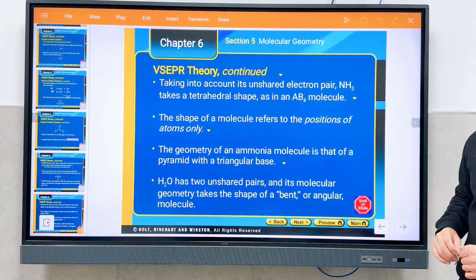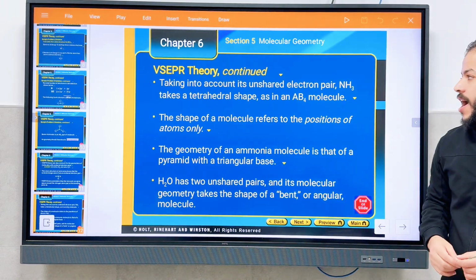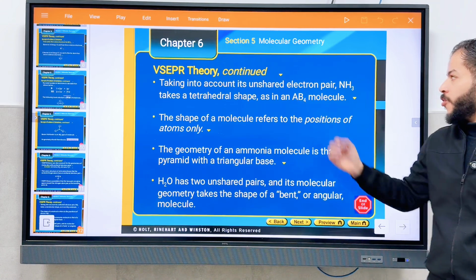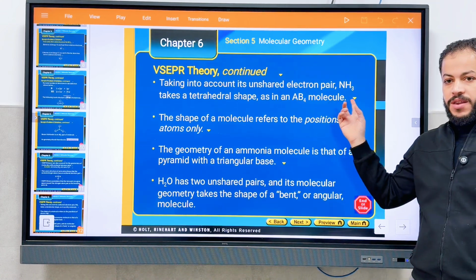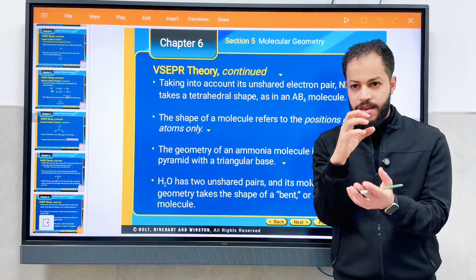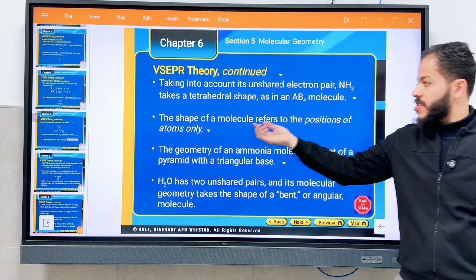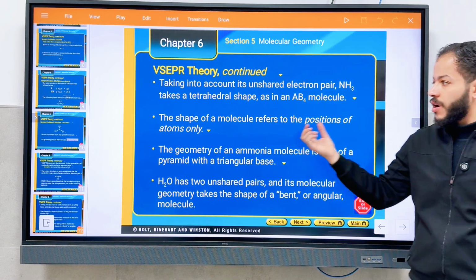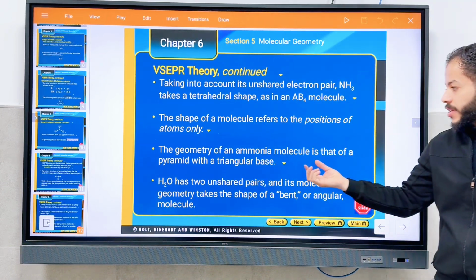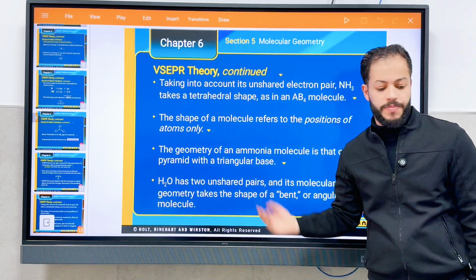Taking the unshared electron pair into account, NH3 takes a tetrahedral arrangement as an AP4. It's an AP3, but it has one lone pair, and as we said, we consider a lone pair as a bond, right? So we consider it as an AP4, and the shape of the molecule refers to the position of the atoms only. The geometry of the ammonia molecule is a pyramid with a triangle base.